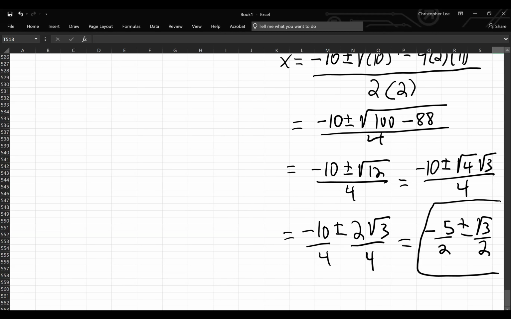Right. Yeah. See, that's. Got you. Yeah, doing too much. I got you. Like when they cut it off, you can put the whole thing together. Yeah, I could rewrite it as negative 5 plus or minus square root 3 over 2.